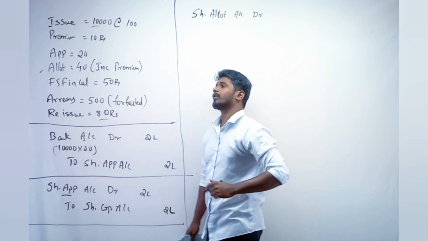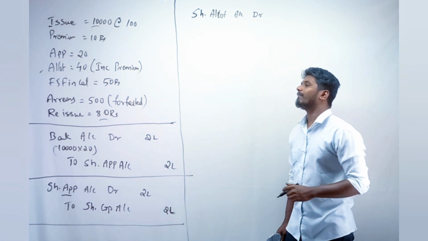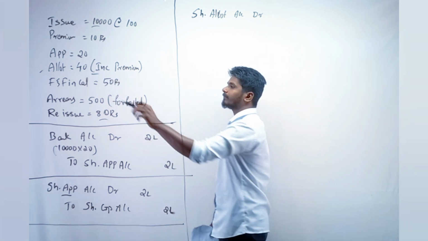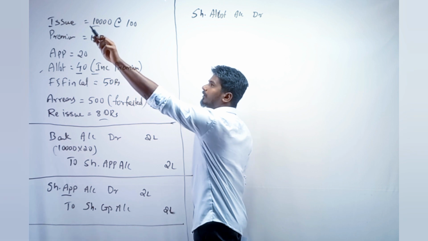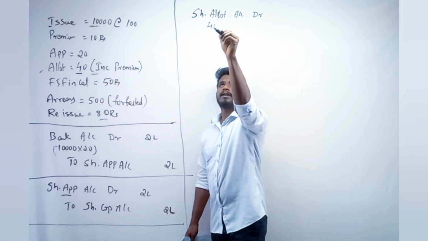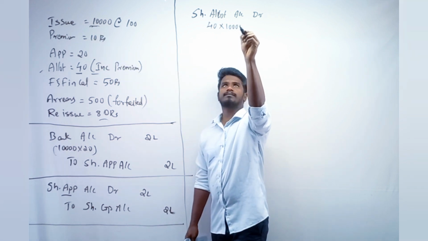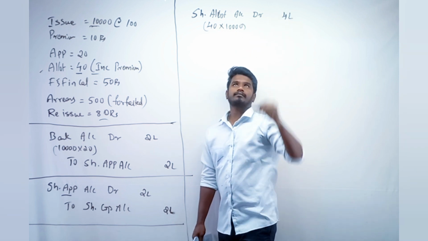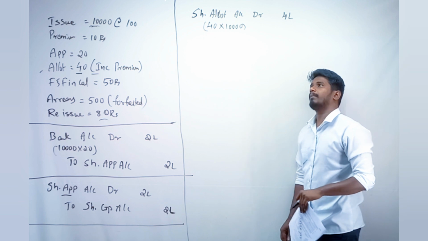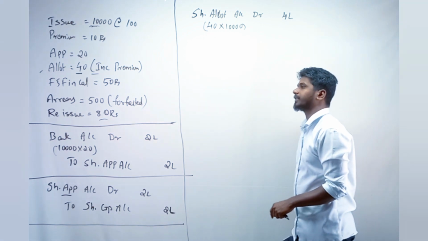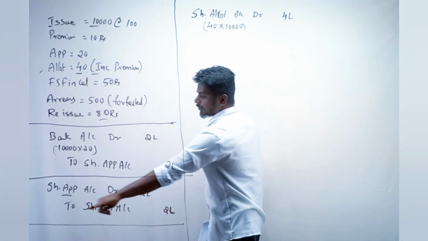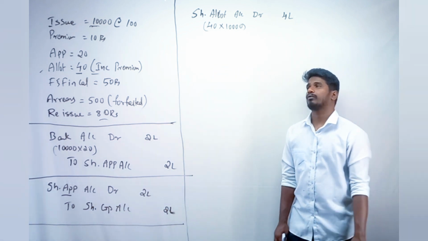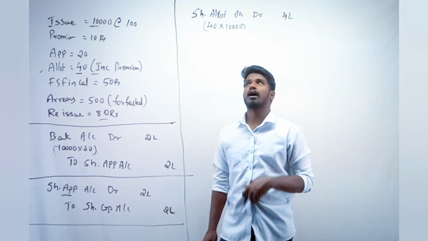How much is it? On allotment we have 40 including premium. First you should write 40 into 10,000. How much is it? 4 lakh. 4 lakh debited. Correct. Next we have to credit share capital account.